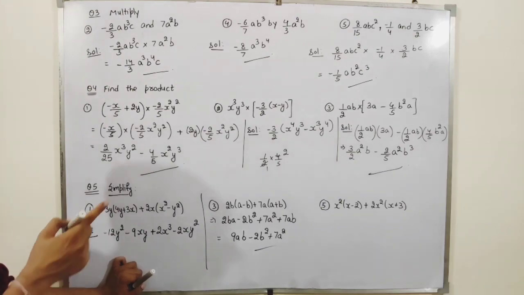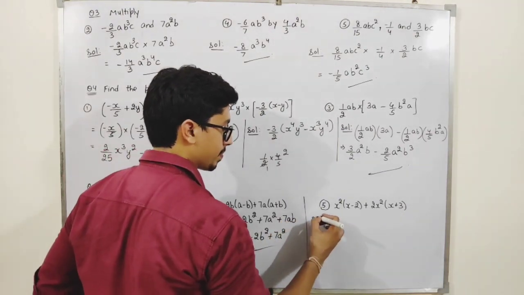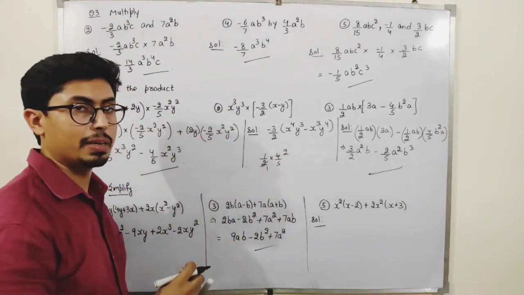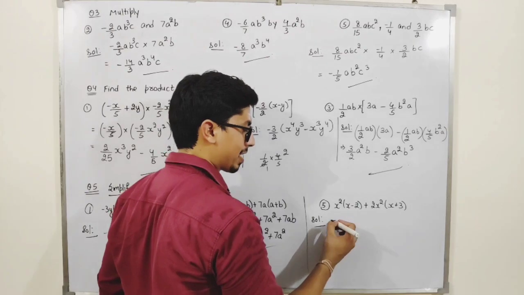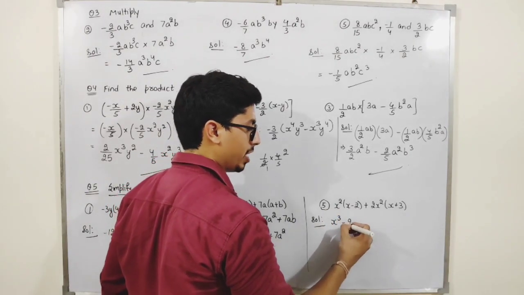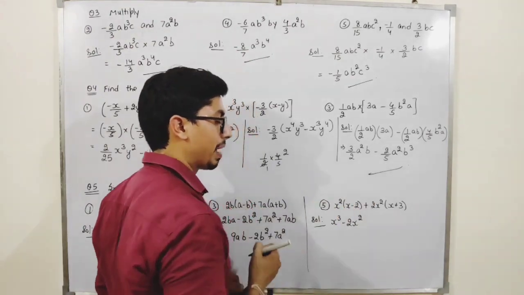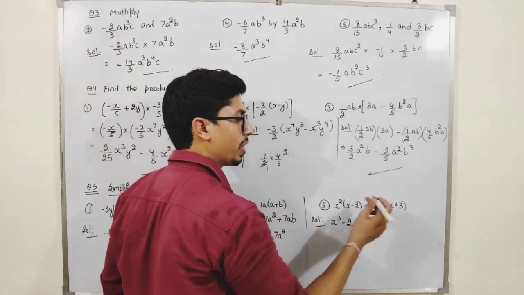Okay, students. Now the last, fifth part, students. See, if I just multiply them, this will be x square into x, which is x cube. Now x square into x is minus 2x square, minus 2x square plus 2x square into x.